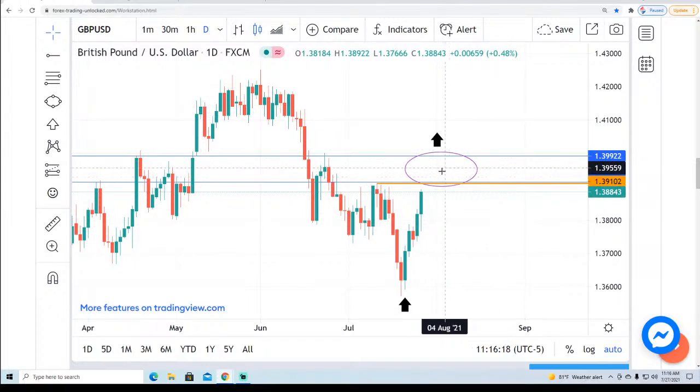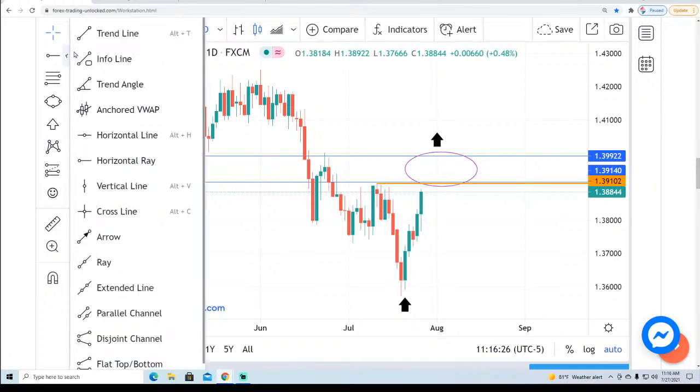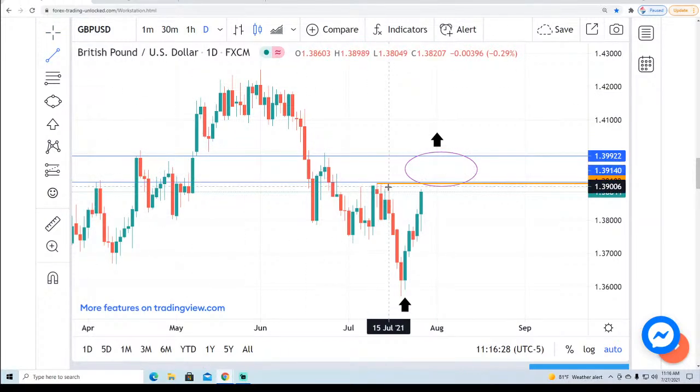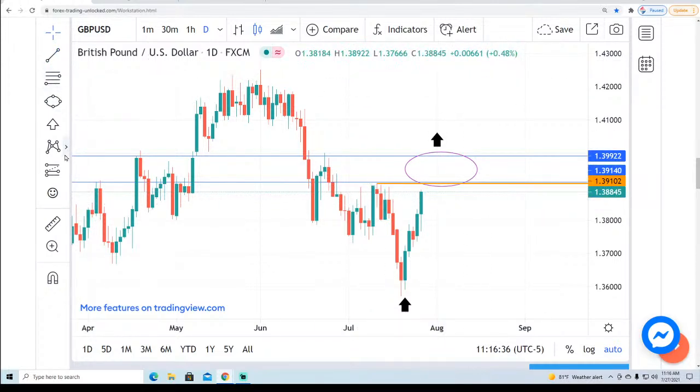Should we fall off of this area and come back down here, we'll have to see how that works when we get to it. I think what we probably have going on here is the development of a head and shoulders pattern. Let's use the text here.